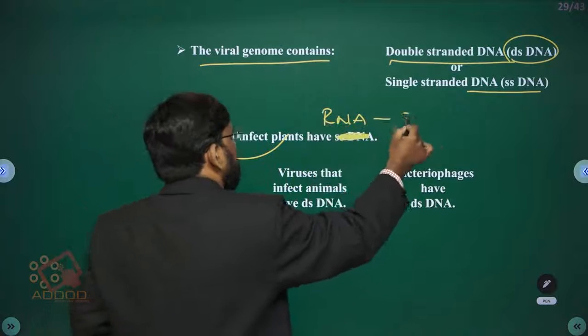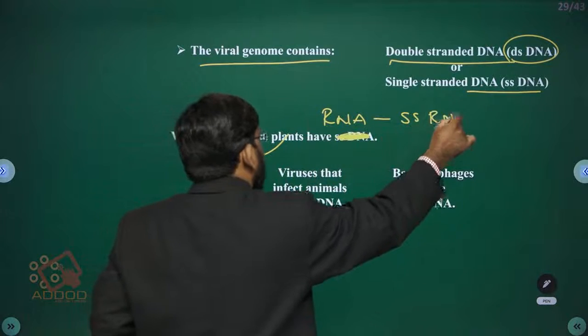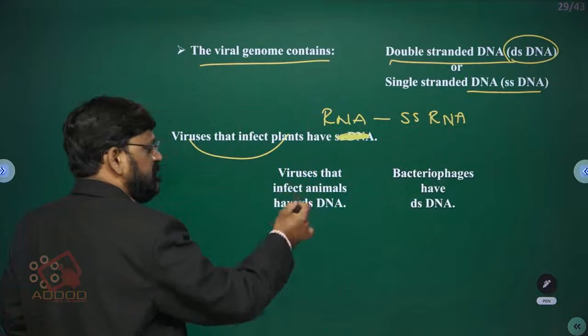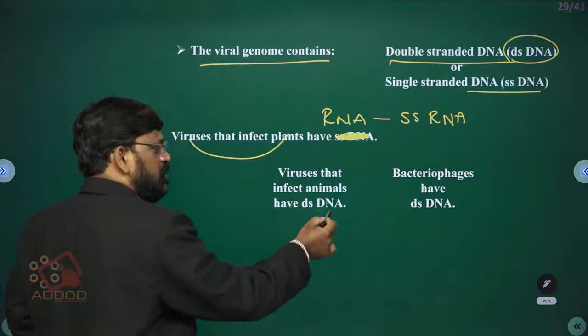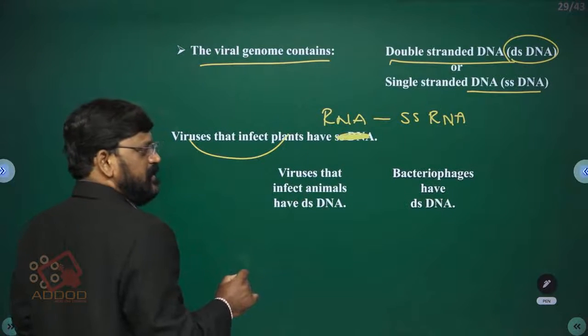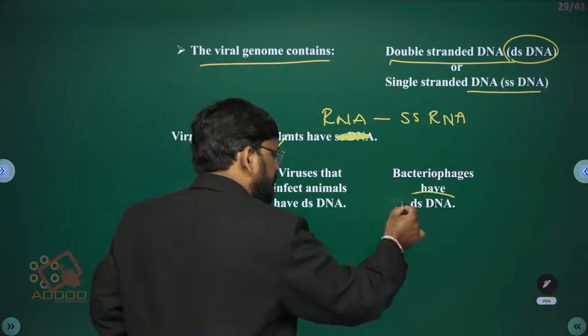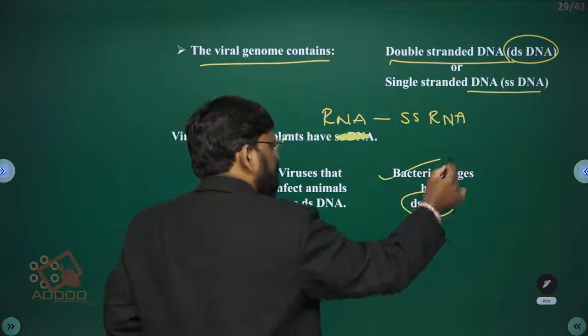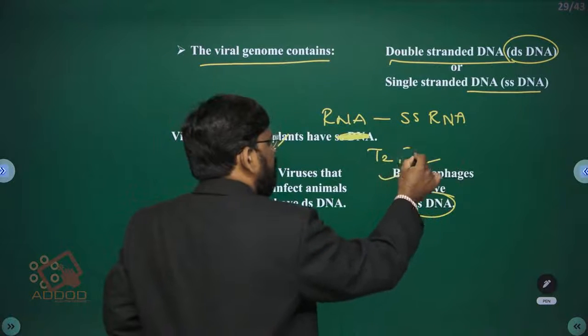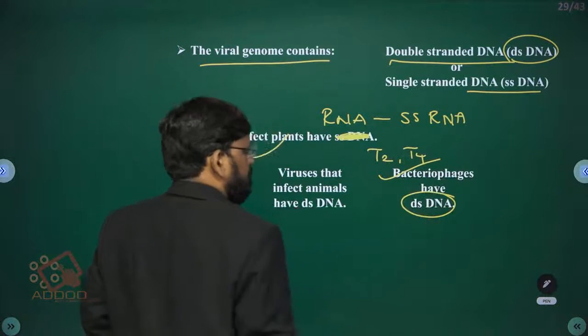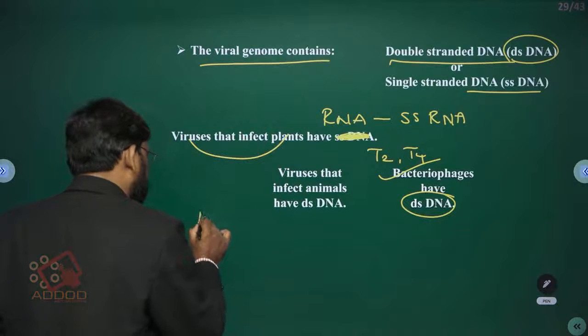What is that RNA? Single stranded RNA. Viruses that infect animals should have what? Double stranded DNA, right? And a virus which has double stranded DNA is a bacteriophage, such as T2 bacteriophage, T4 bacteriophage, etc.